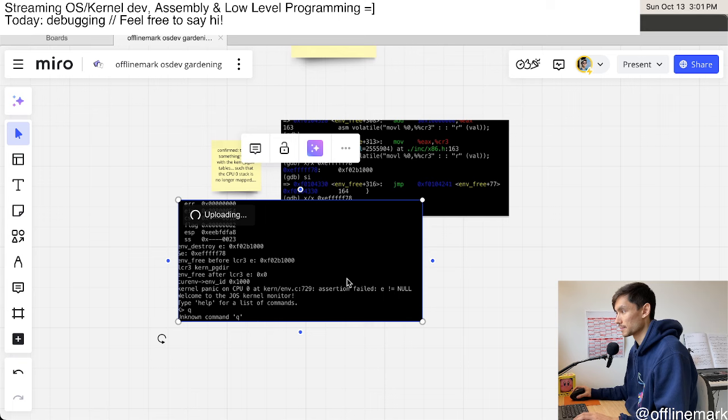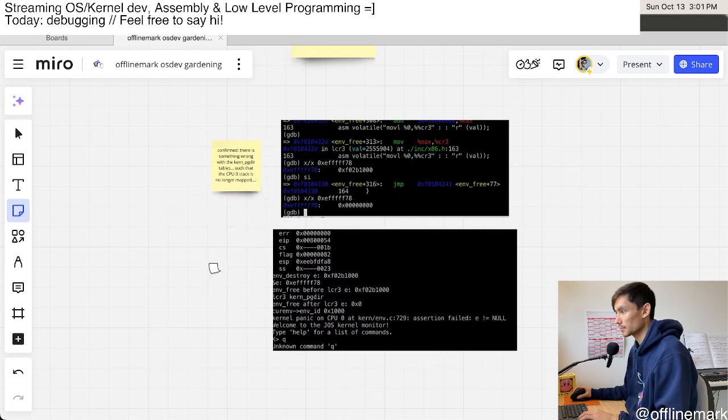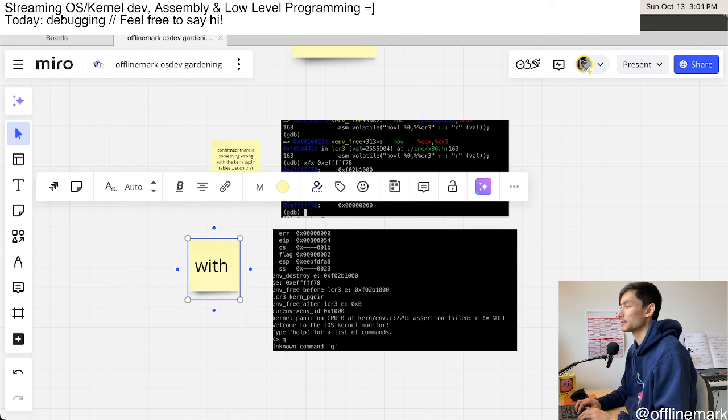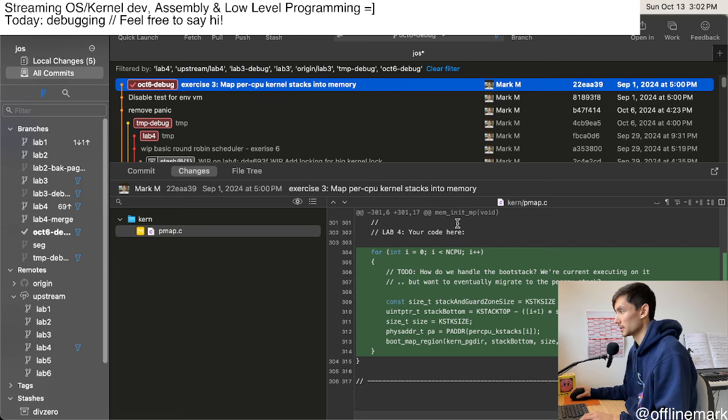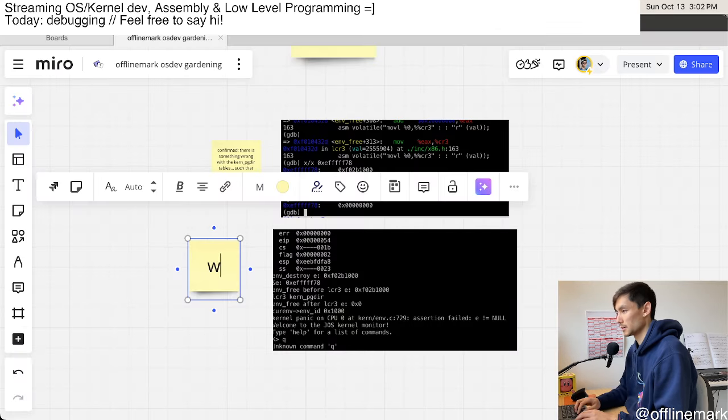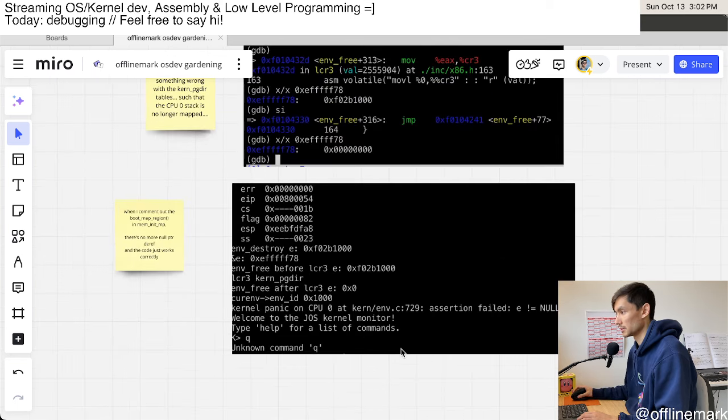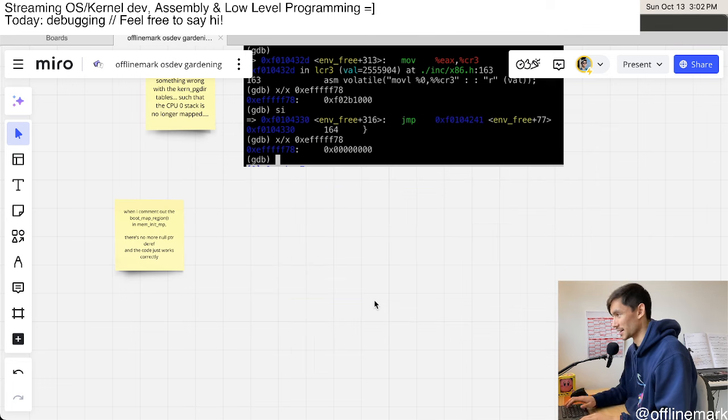When I comment out the boot map region, there's no more null pointer deref, and the code just works correctly. Actually, wait a second, no, this is not it.